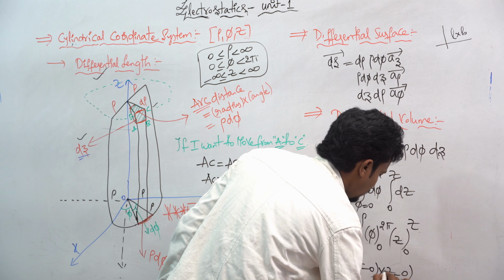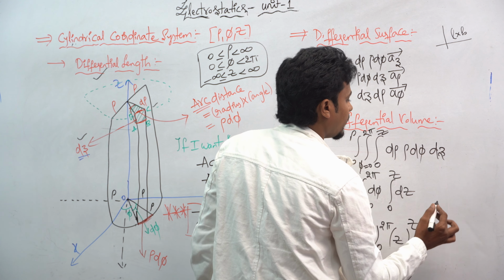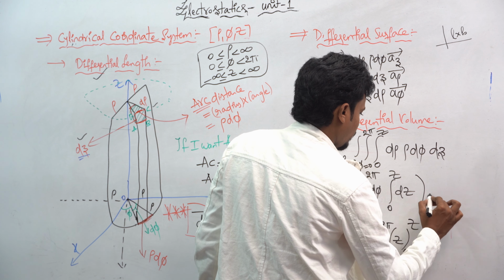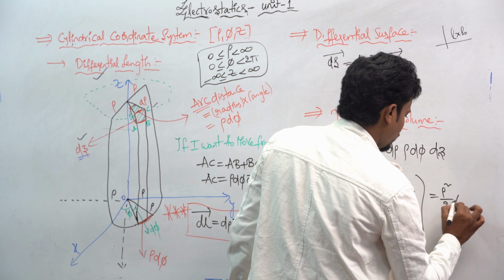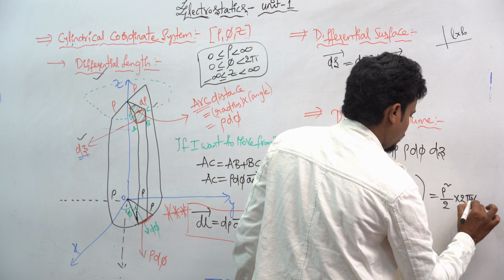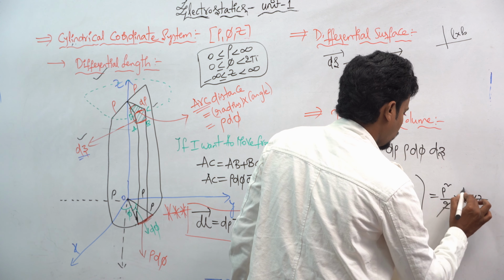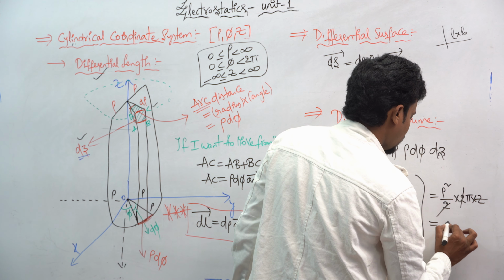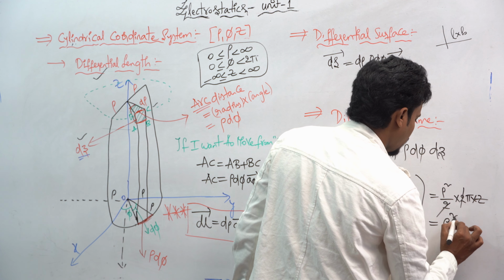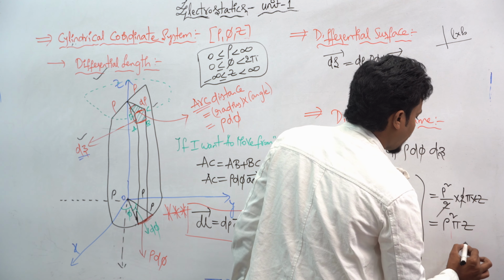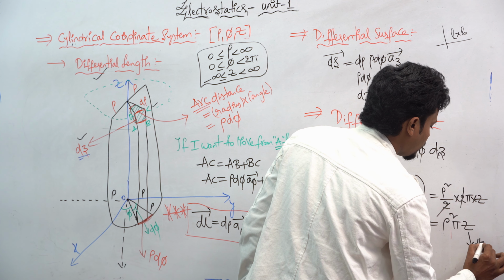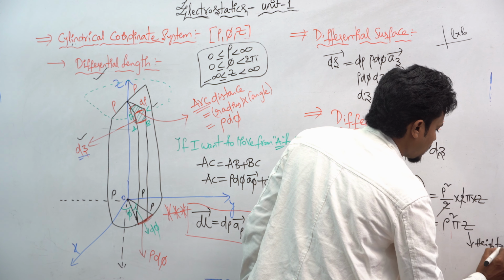So my final result is rho square by 2 into 2 pi into z. Here the 2 will cancel, and this will become rho square pi z. This z is the height, so how can we represent the height?